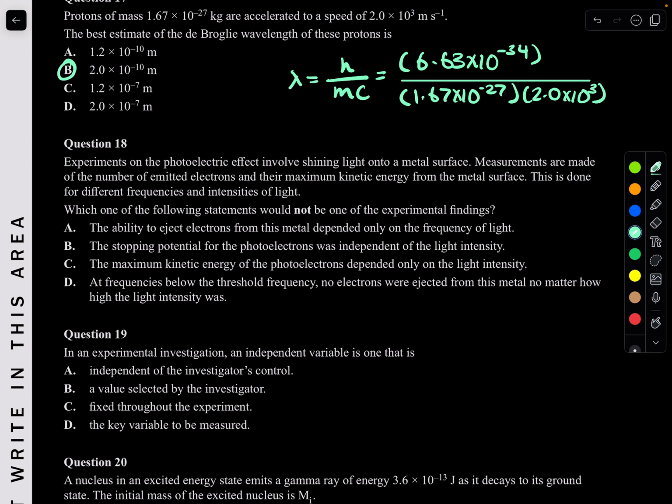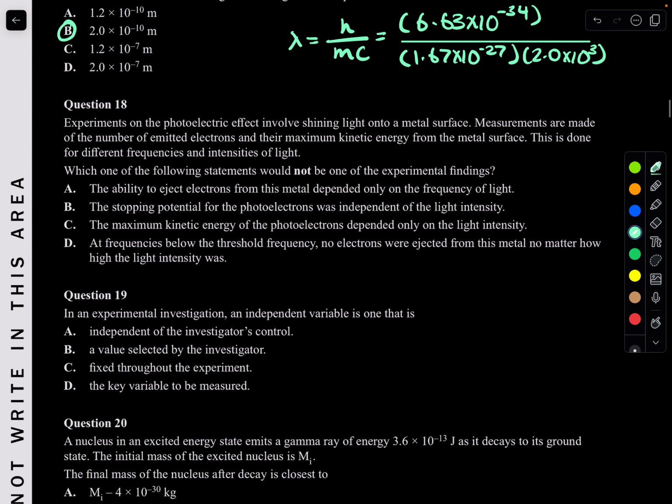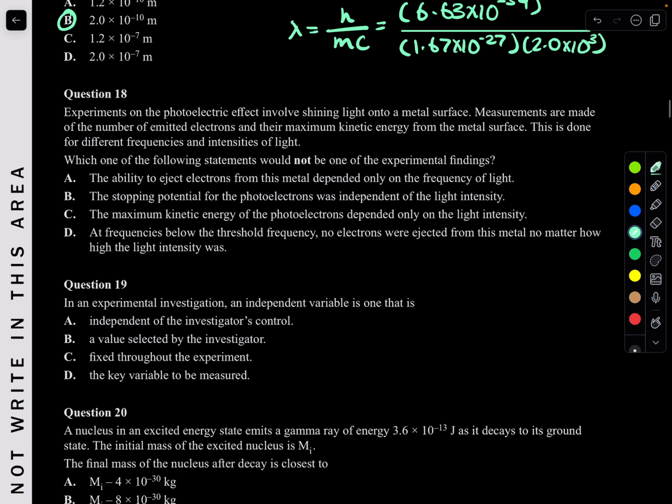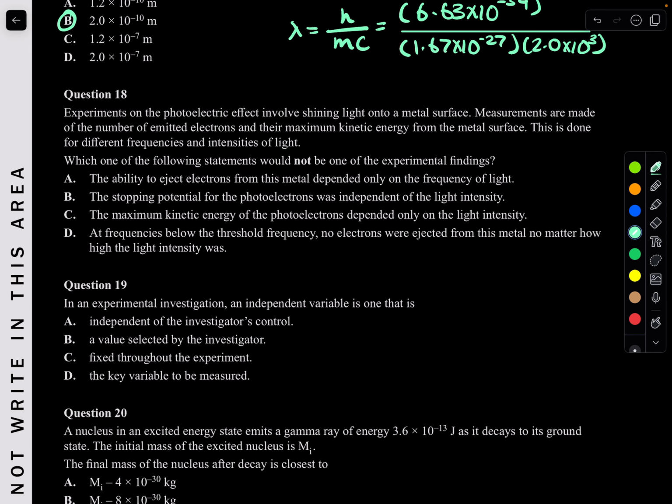It doesn't affect the kinetic energy. Whereas frequency affects the kinetic energy, but doesn't affect the number of electrons. Whenever you do the photoelectric effect, it's one of the nicest questions to get. Let's have a look at the question. Which of the following statements would not be one of the experimental findings? Okay, so we're trying to find which one's wrong.